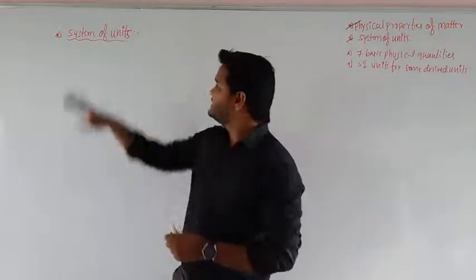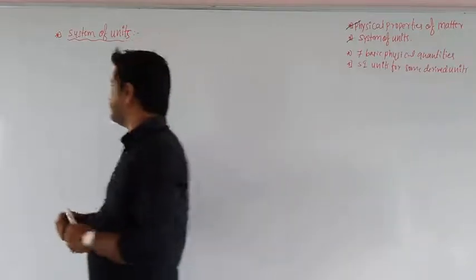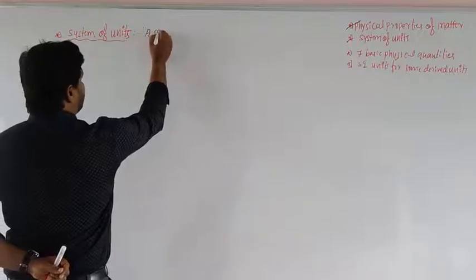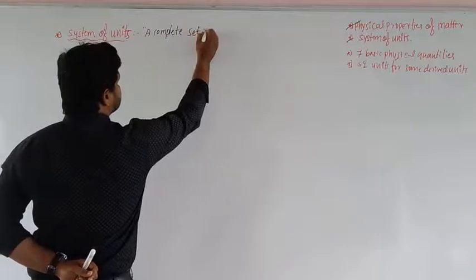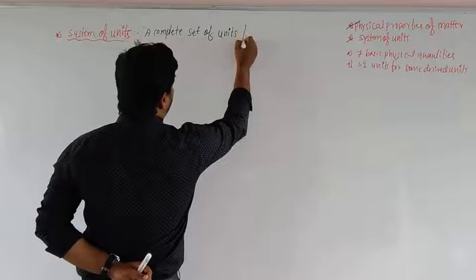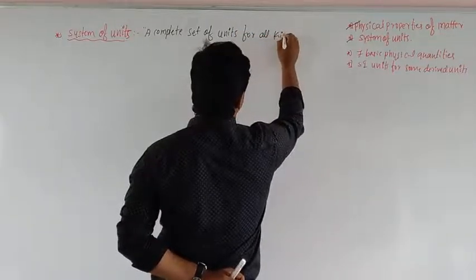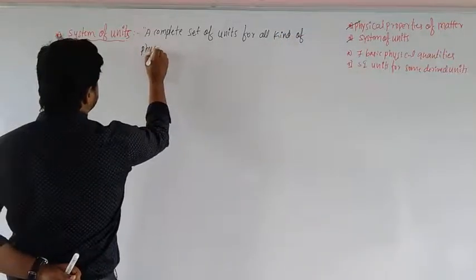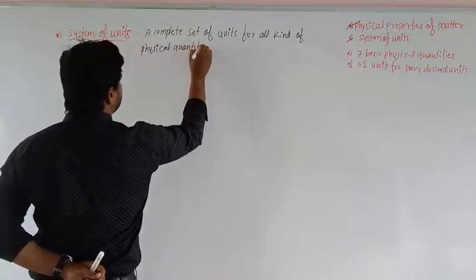First one, system of units. System of units is nothing but a complete set of units for all kinds of physical quantities.